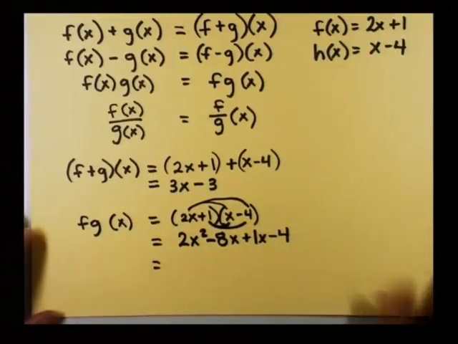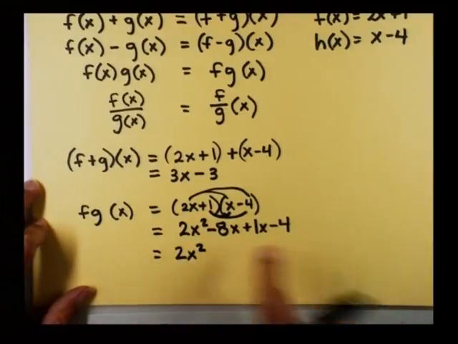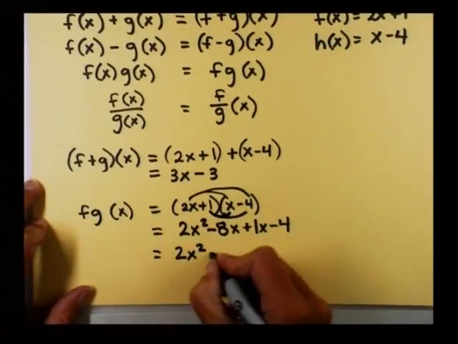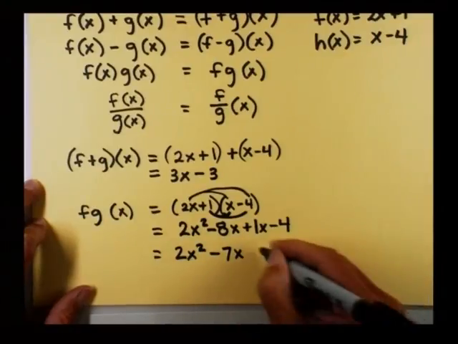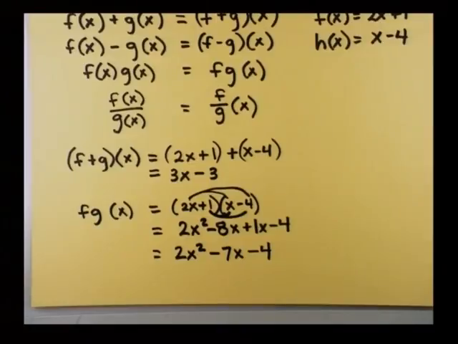And I can simplify: 2x squared minus 7x minus 4. So my function here, f times g of x, equals 2x squared minus 7x minus 4. Okay, combining functions.